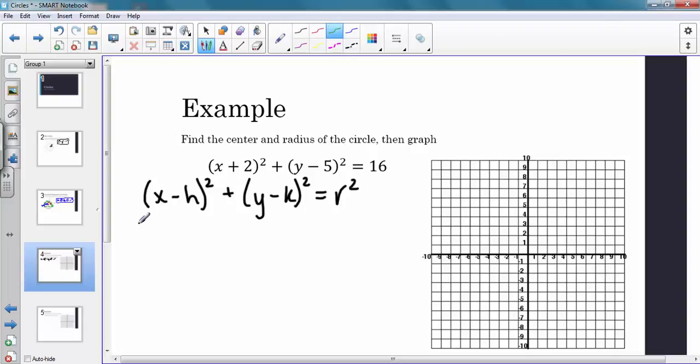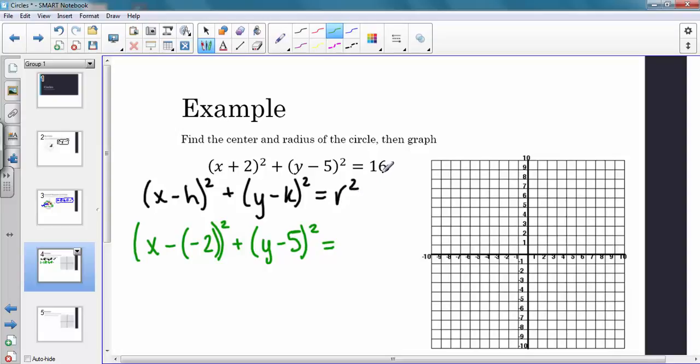In doing this, we're going to get x minus, and since we have a plus 2 here and we need a minus, we're going to need a minus 2 to make that a plus, quantity squared, plus y minus k, which here we already have y minus 5, so that's going to stay the same, equals r squared.